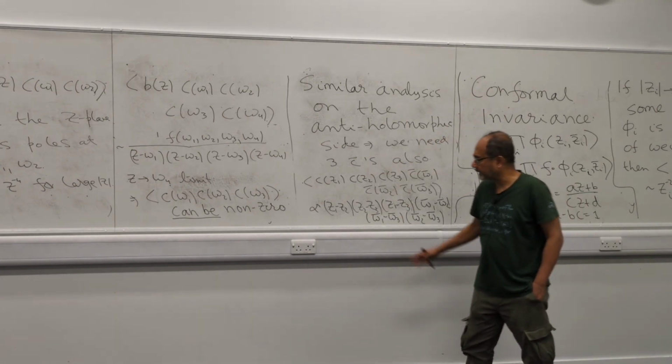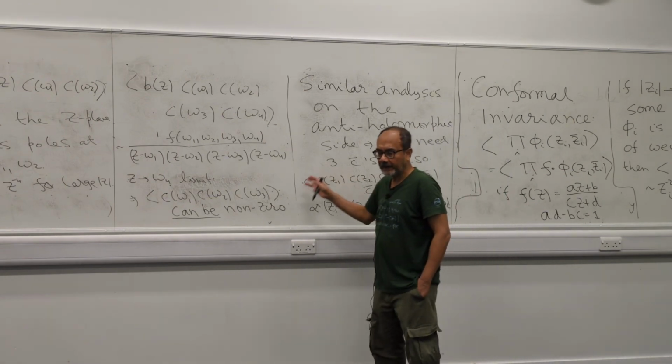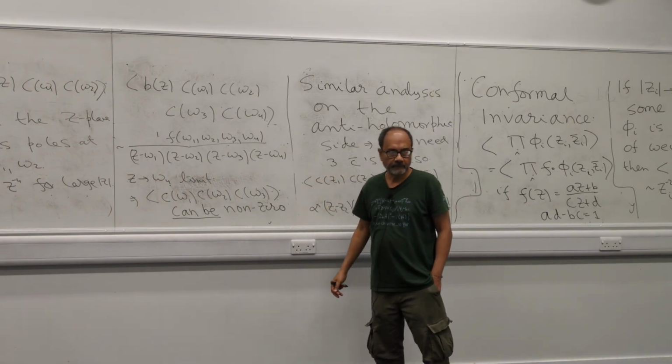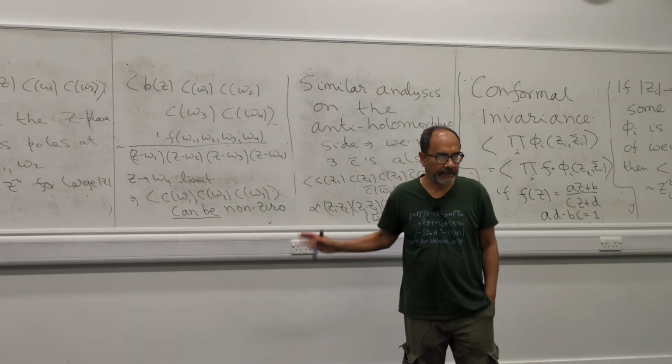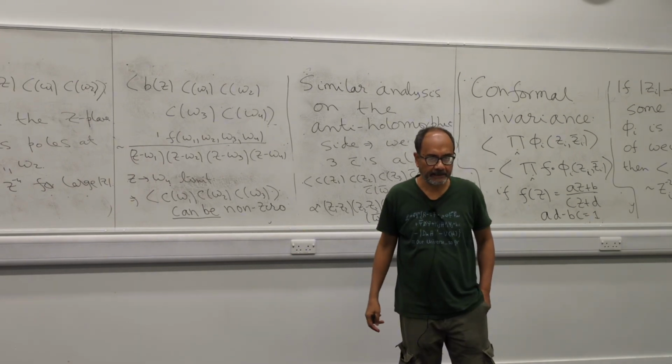The proportionality constant you can choose by appropriately normalizing c. Sometimes it's convenient to use 1 or minus 1, but that can be changed by redefining your c.